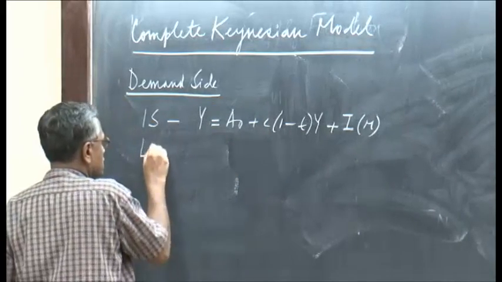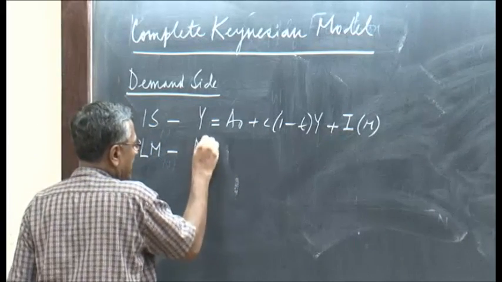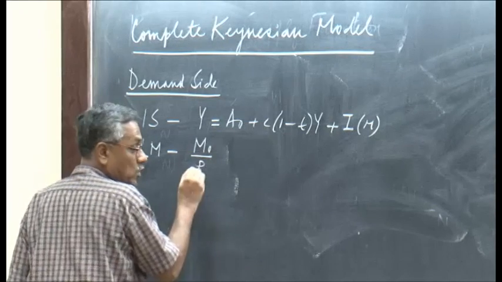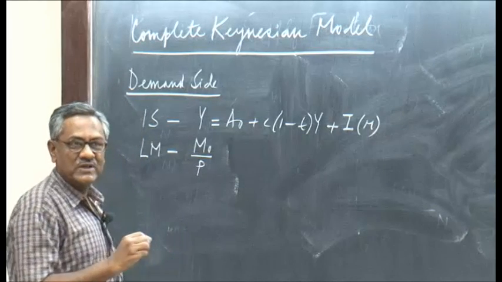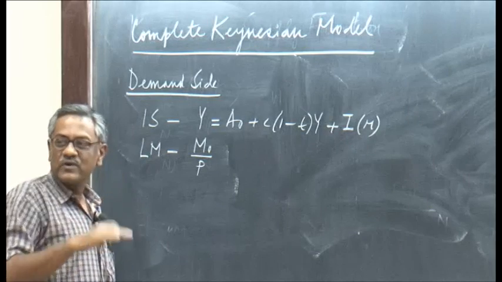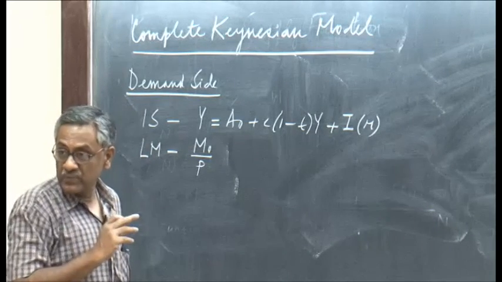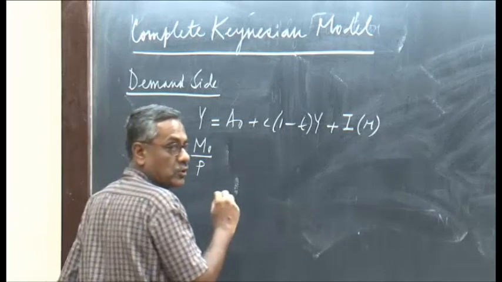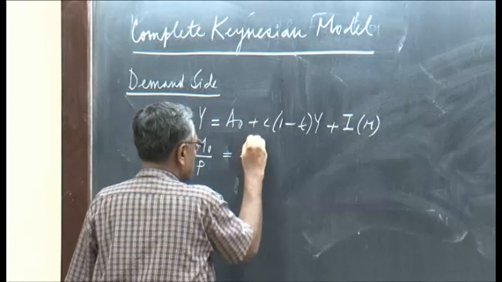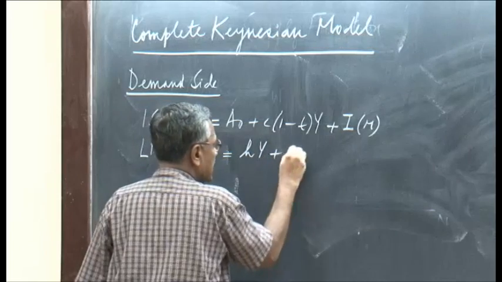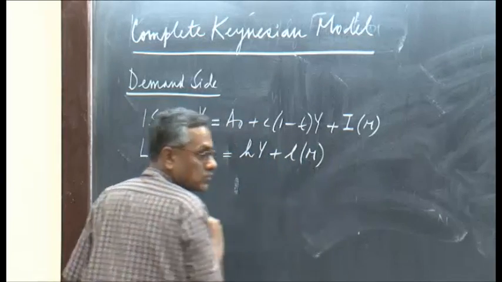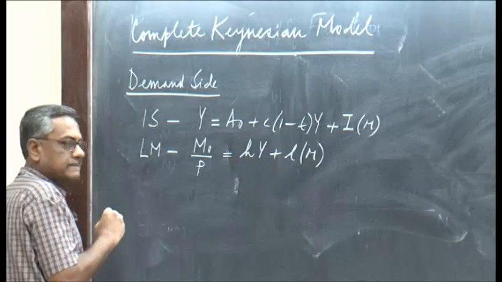The LM equation, you have M naught. Now, write not P naught, we are not in a fixed price model anymore. Price will be a variable. Aggregate supply function is upward sloping. So, M naught over P is equal to hY plus Lr. This you already know, all right.